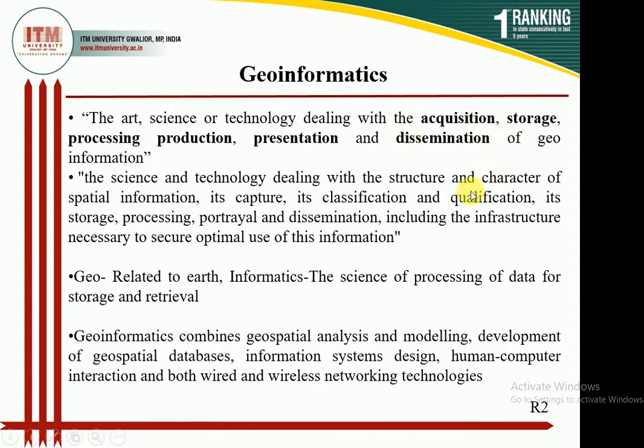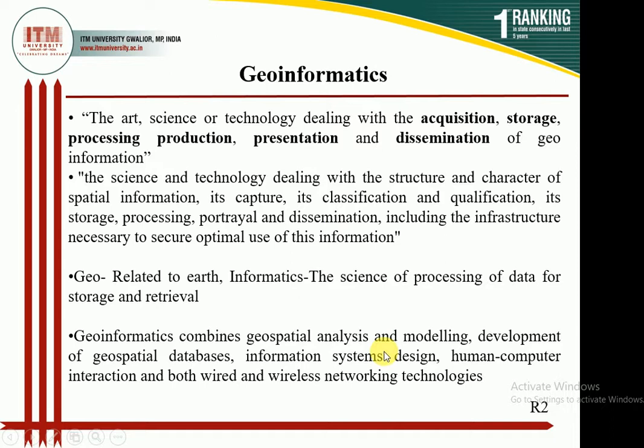The information gathered about a particular land surface is stored in the form of digital signals or digital data. That digital data is further processed, converted into a presentable way, and then disseminated into different software for generation of maps. That is considered as geoinformatics.